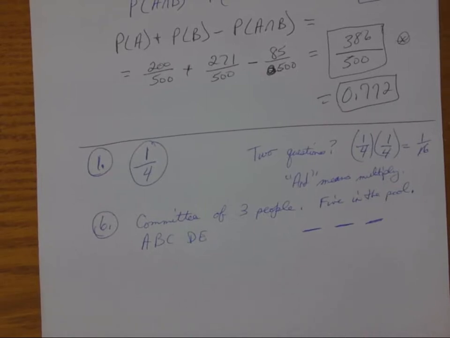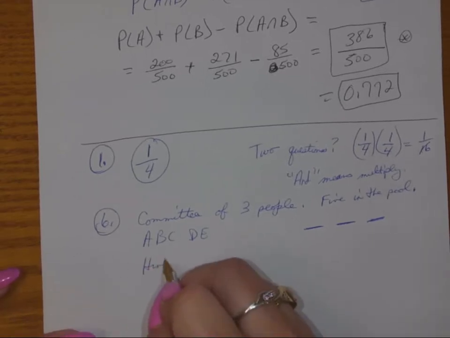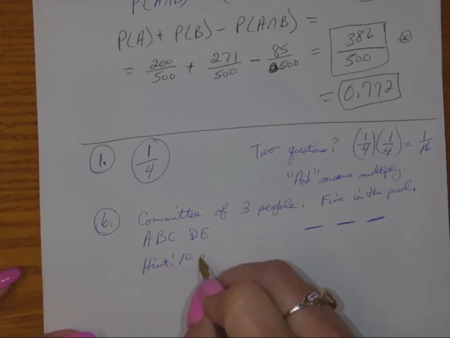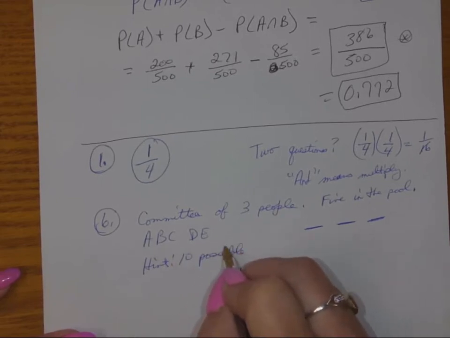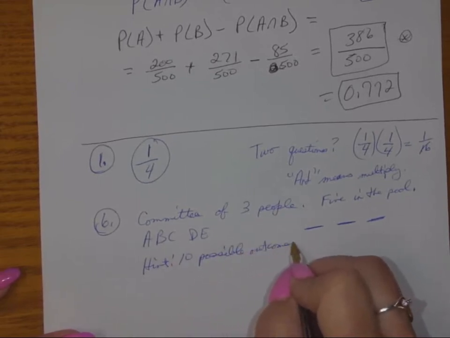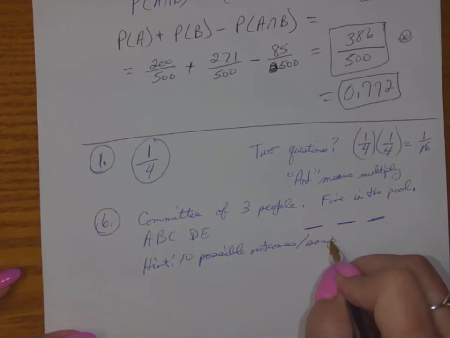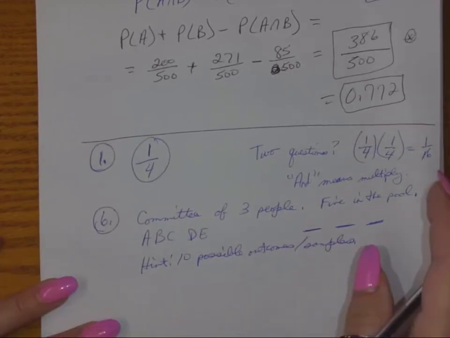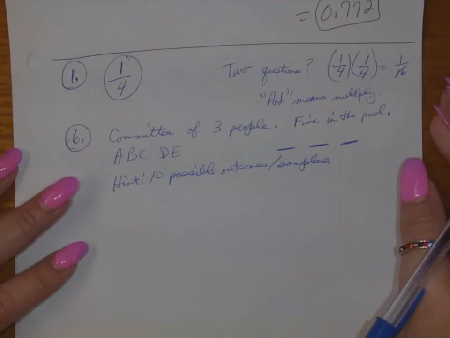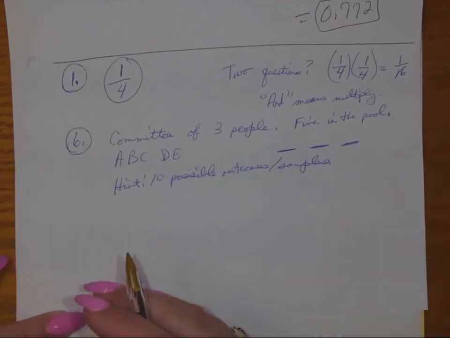So it says, hint, there are 10 possible samples. Ten possible outcomes or samples. See how this relates back to what we've been talking about all semester in the class.